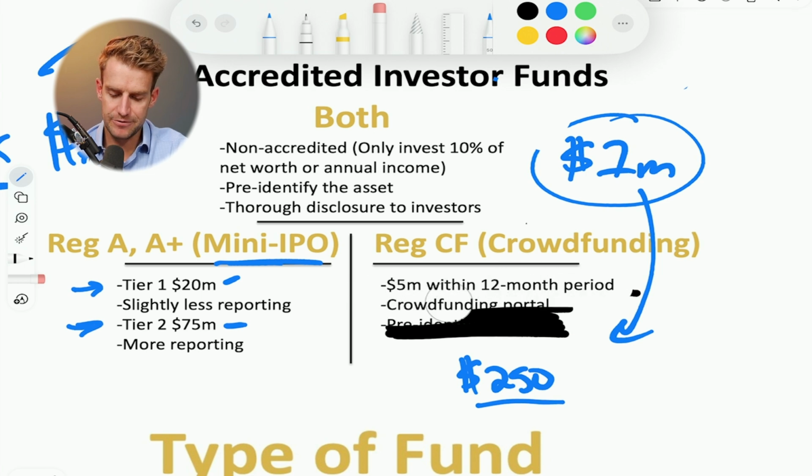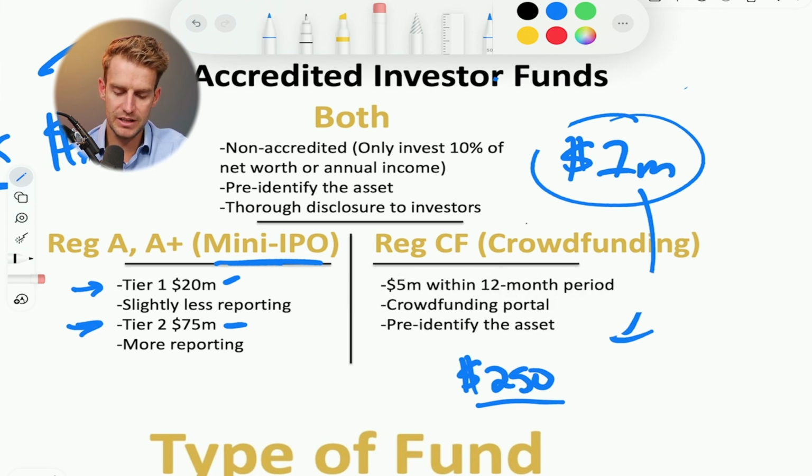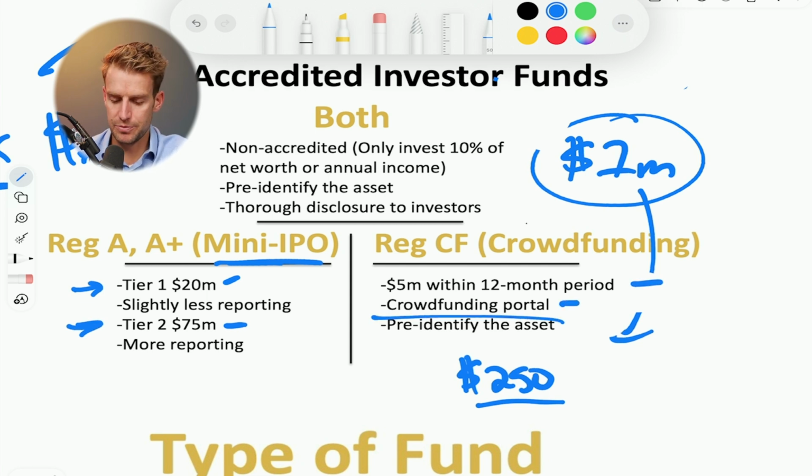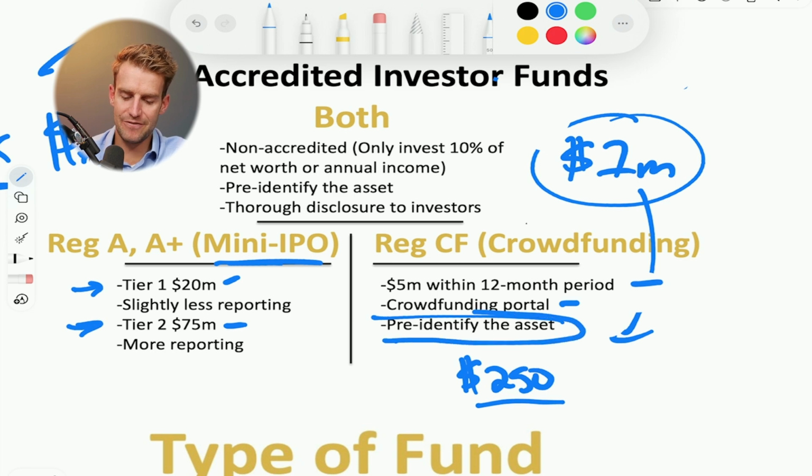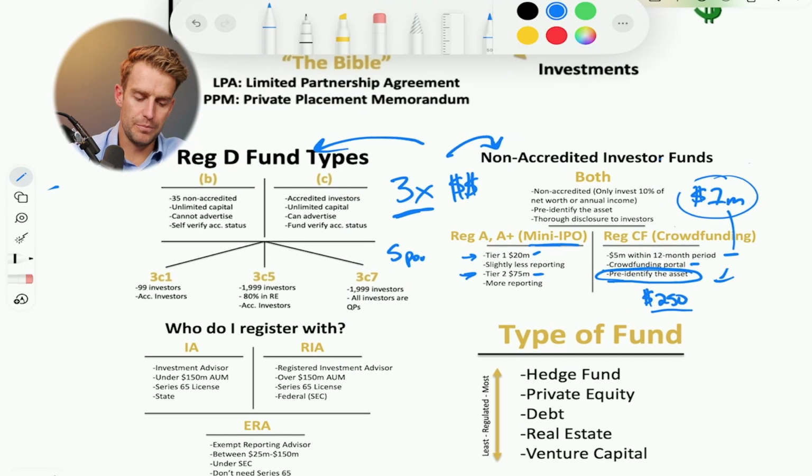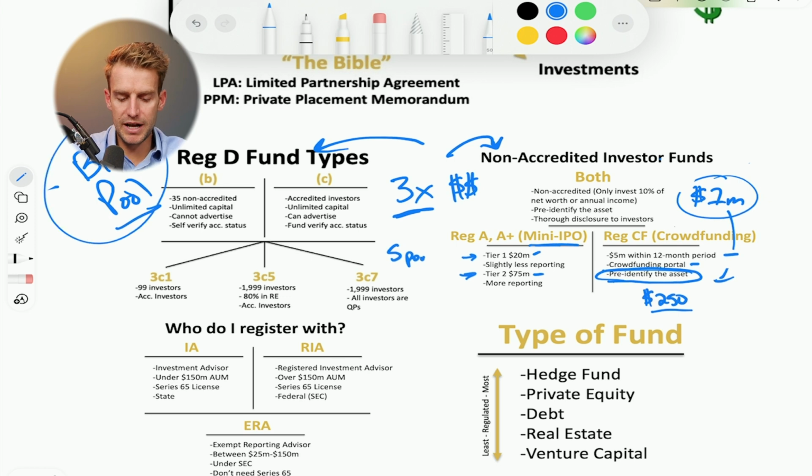And then Reg CF, you can only raise $5 million within a 12-month period. You have to have a crowdfunding portal that the SEC has approved, and you have to pre-identify the asset, meaning you can't do a blind pool offering. Over here, these are what they call blind pool, meaning, hey, put some money in this fund, and over the next 18 months, we're going to find some real estate properties to buy.